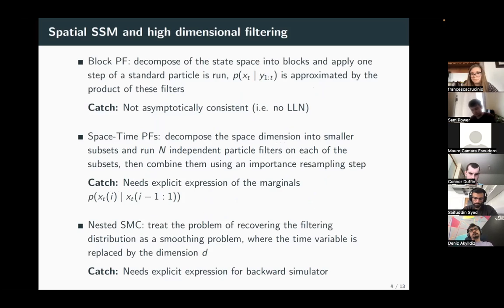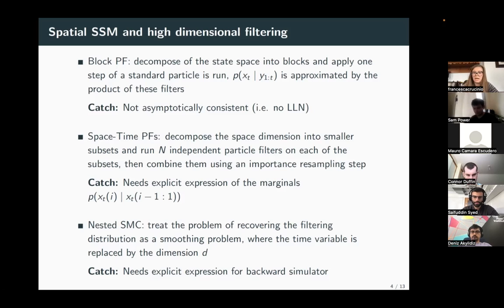So probably the very first particle filter using some sort of spatial information is the block particle filter, which was developed as a theoretical algorithm more than anything else to show that basic particle filters suffer the curse of dimensionality. But the idea behind it is that if we have a very high dimensional state space, we can partition it into blocks.